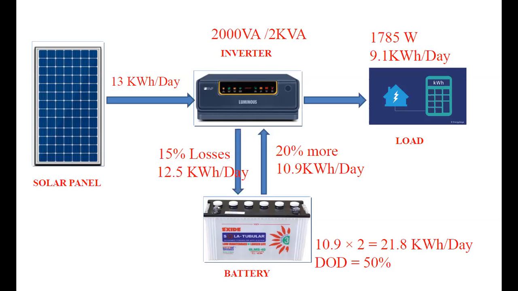In our case, the inverter rating has to be selected according to the total power consumption, which is 1785 watts. So you have to select an inverter whose rating is just higher than the power rating of the appliances. So we can select an inverter of 2000 VA or 2 kVA. That is the first part.